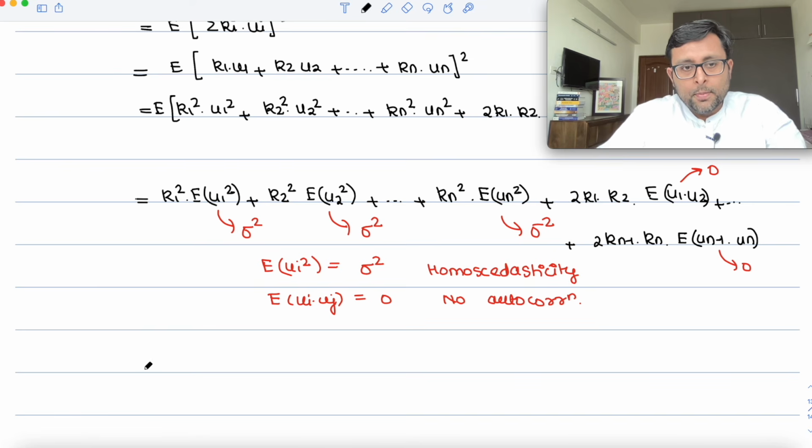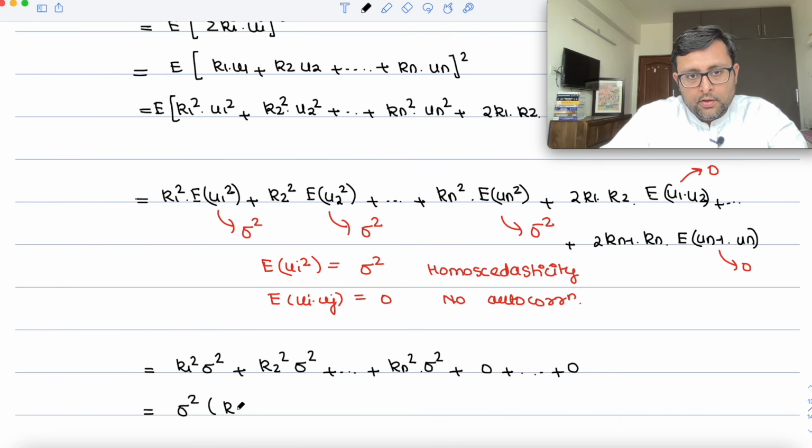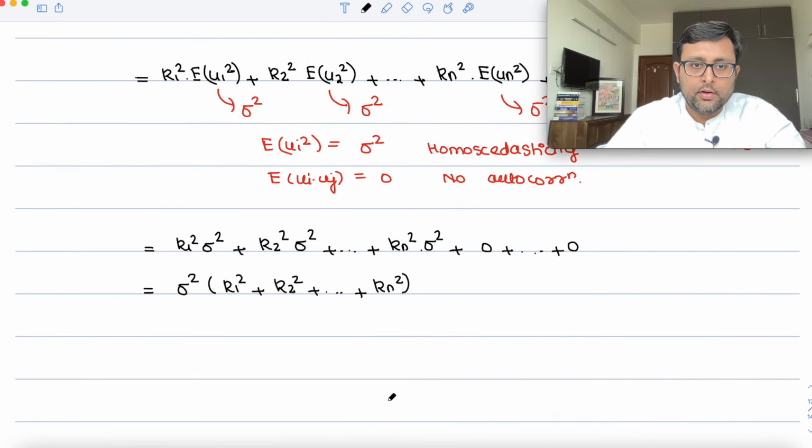So you have k1 square sigma square plus k2 square sigma square and so on to kn square sigma square plus 0 plus so on to 0. So you have sigma square times k1 square plus k2 square and so on to kn square.